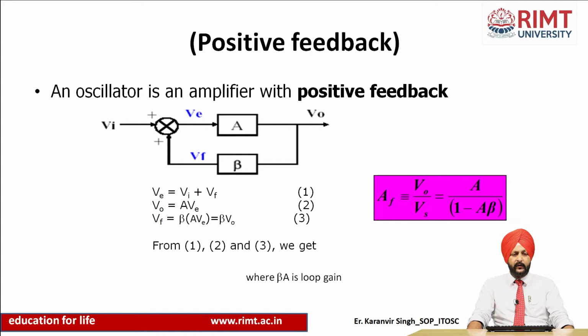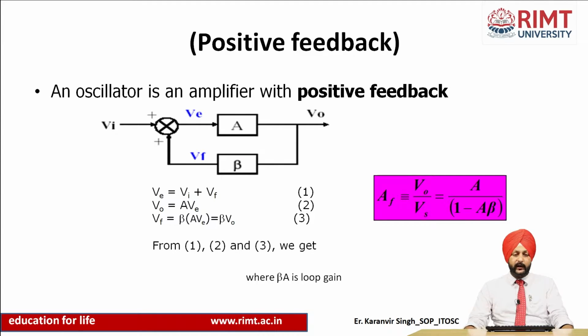The effective voltage is equal to Vi plus Vf, the input voltage plus the feedback voltage; that is the first equation. Then the output voltage is AVe, where A is the gain and Ve the effective voltage; that is the second equation. And Vf, the reference voltage, is equal to beta AVe.